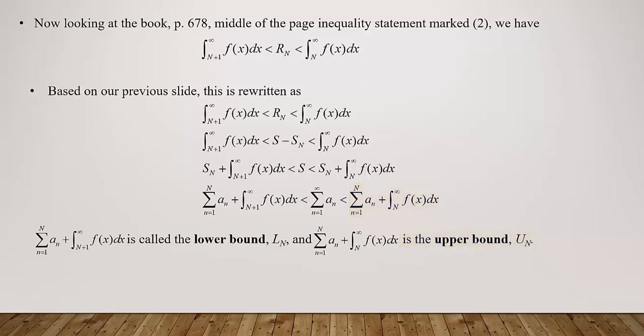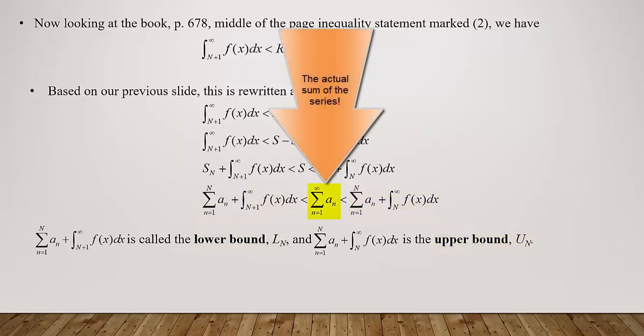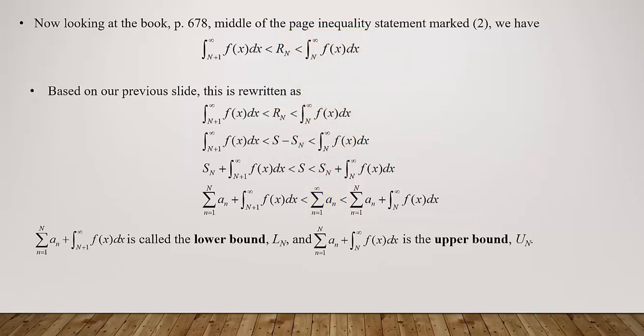So in that last compound inequality, the leftmost piece is the lower bound, the rightmost piece is the upper bound, and what's in the middle? That's the actual sum of the series. So that last compound inequality condenses to lower bound less than sum less than upper bound.